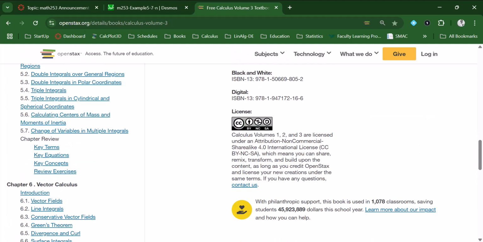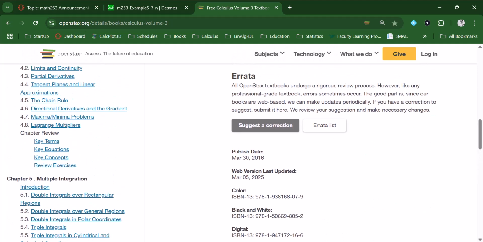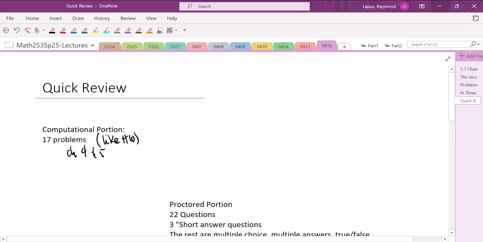Lagrange multipliers was 4.8. There is a max-min problem, but it's classifying, so it's a second derivative test and not the extreme value theorem. And there are limits too and stuff like that. Good question. I don't remember, like the beginning of Chapter 4. I didn't pay attention to that.